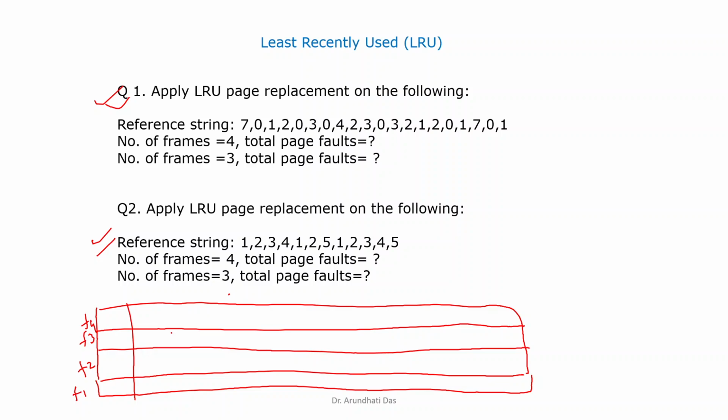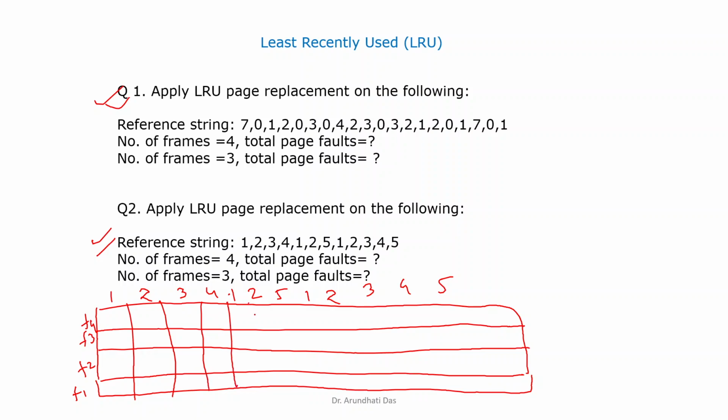Okay, so the requests are 1, then 2, then 3, then 4, 1, 2, 5, 1, 2, 3, 4, 5.